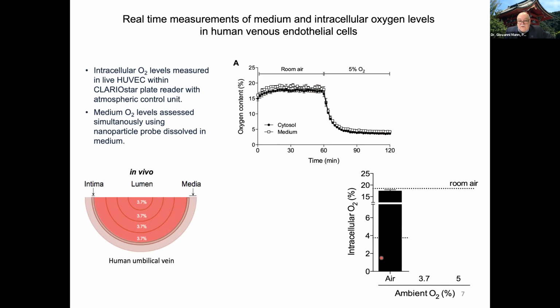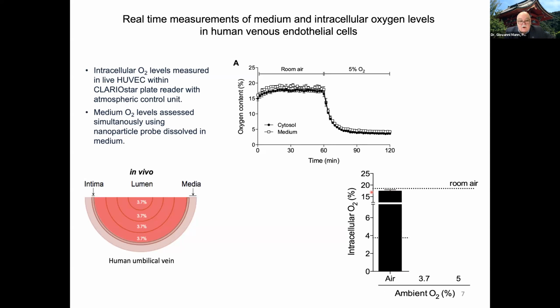And this is how most experiments are conducted in room air with cultured cells. And you see that the intracellular oxygen concentration approximates around 16 to 17% oxygen. Remember this message. Never does a cell in vivo see 16 to 18% oxygen.